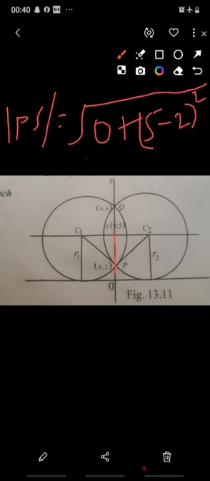So we subtract. Therefore, we get root of 3 squared. The root and then the square cancels. Therefore, we have PS to be equal to 3.